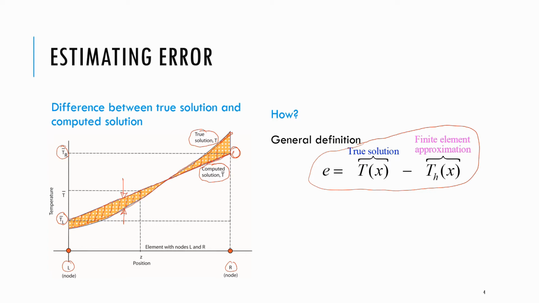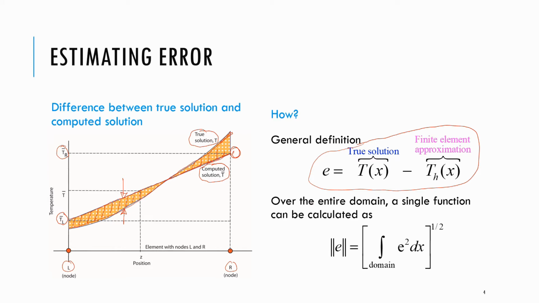Okay, and so over the entire domain, we can calculate a single function. So we can calculate error at any location and square it. So error is the difference. We square that and integrate. Integrate means we're adding all the errors, so the positive and negative errors don't cancel. That's why we need to square it.